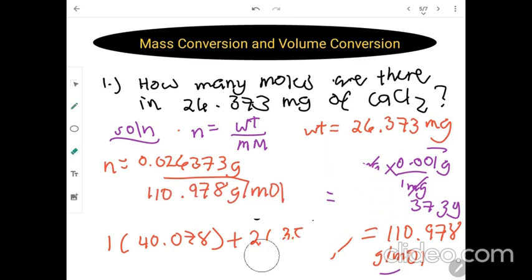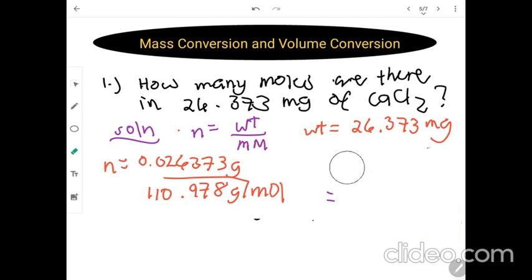Then let's erase this area. Okay, let's divide that value. 0.026373 over 110.978. Check ko lang kung tamang tinatype ko sa calcu.